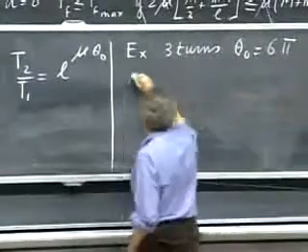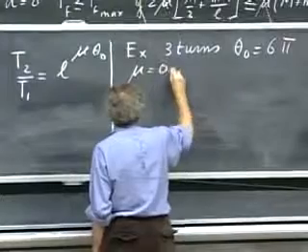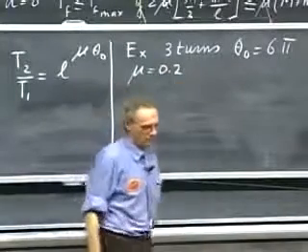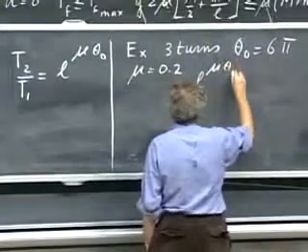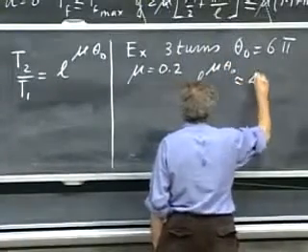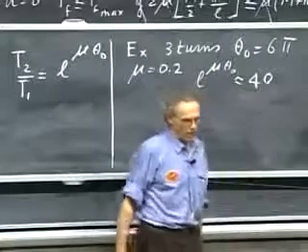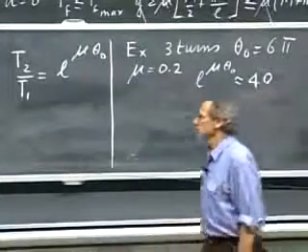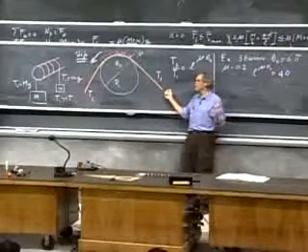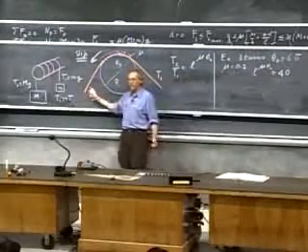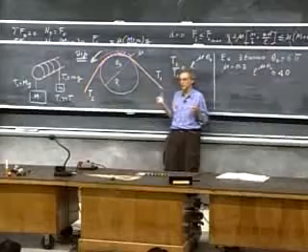And let the friction coefficient mu be 1/5, 0.2. So e to the power mu times theta 0 is now about 40. What that means is that with a force on this side which is 40 times smaller than the force on that side, I have a balanced situation.